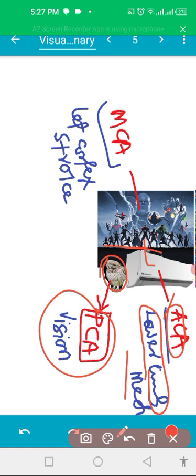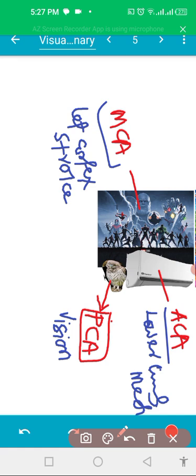When ACA is blocked, then the lower limb does not work properly, and we have linked this with the feet of the Marvel characters. Another one is PCA, the posterior cerebral artery. It is the same owl which is monitoring every activity of the Marvel characters, and it has the function of vision.